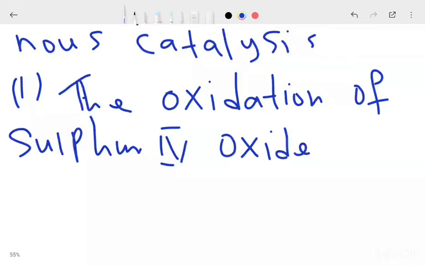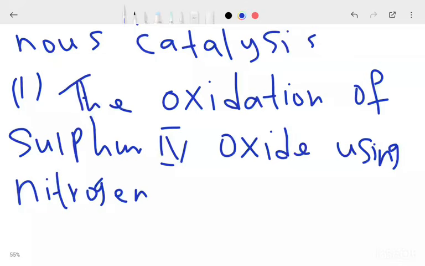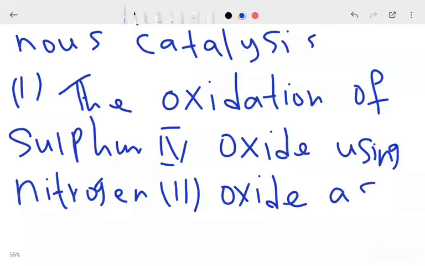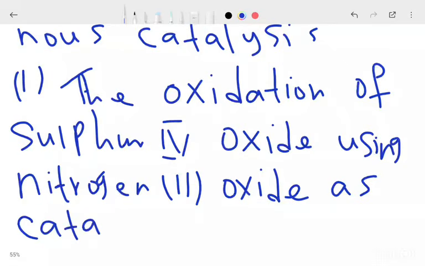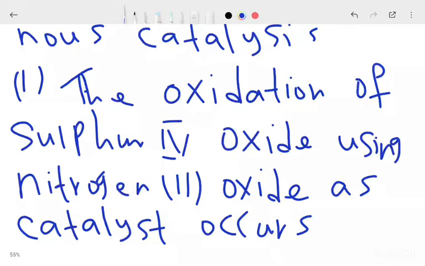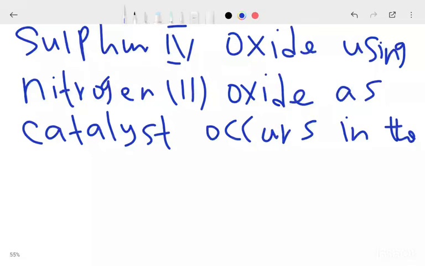The oxidation of sulfur IV oxide using nitrogen II oxide as catalyst occurs in the gaseous phase.